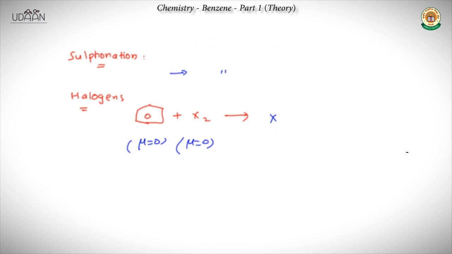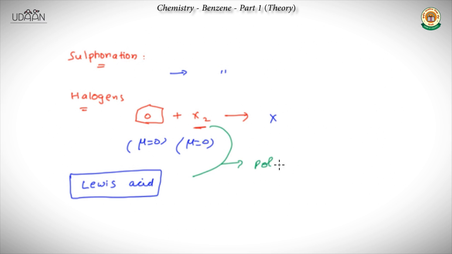For this, we add a Lewis acid. If you add Lewis acid to the mixture, it will make this halogen compound, X2, a polar one. We'll see how it occurs, and as a result of this polarity, it has a dipole moment not equal to 0, so the reaction will proceed by forming a sigma complex.